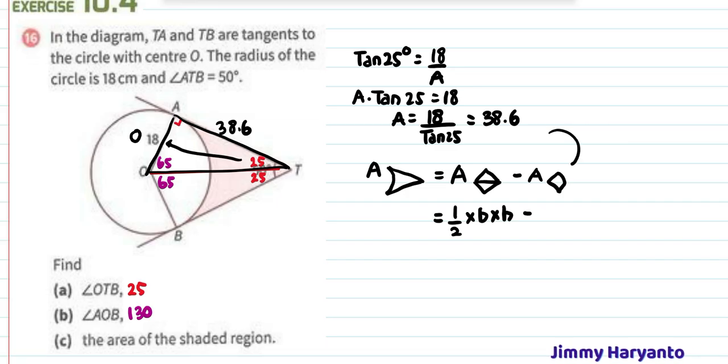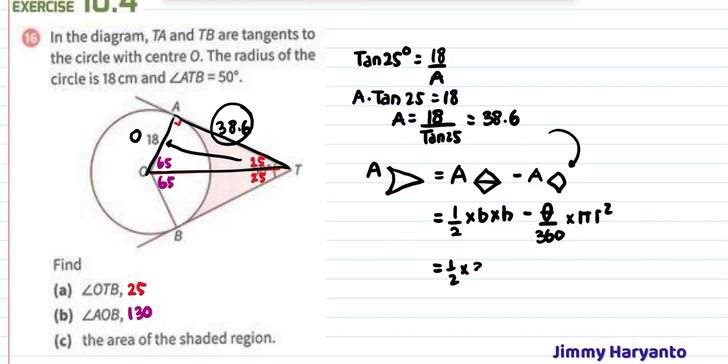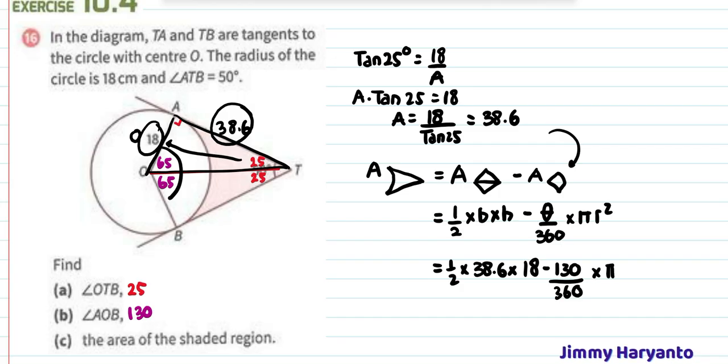Okay, let's continue to this one. The area of sector will be theta over 360 times pi r squared. Okay, let's input the values. The base will be that one, 38.6. The height will be 18, minus the theta will be 130, over 360 times pi times radius is 18.